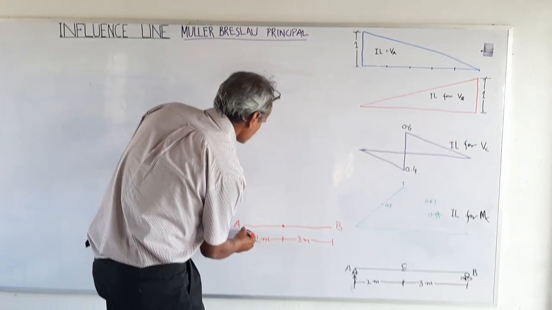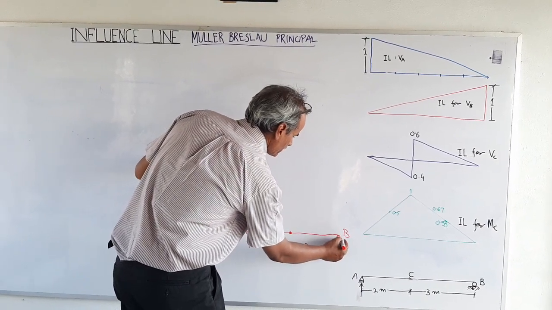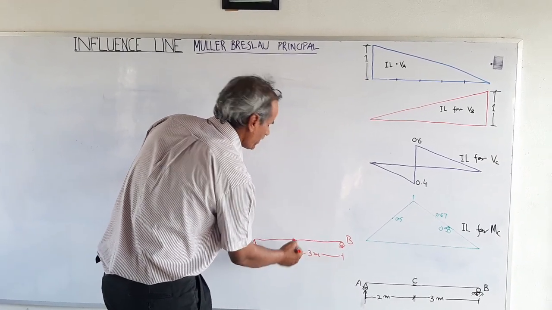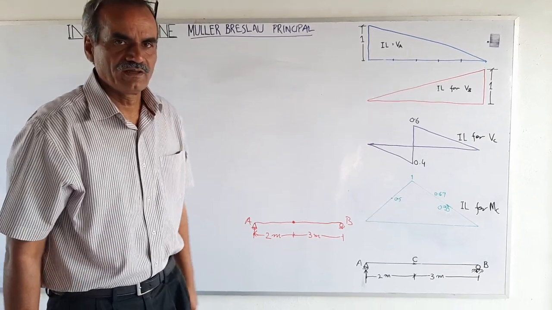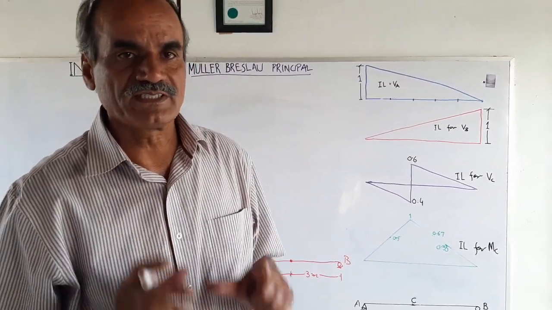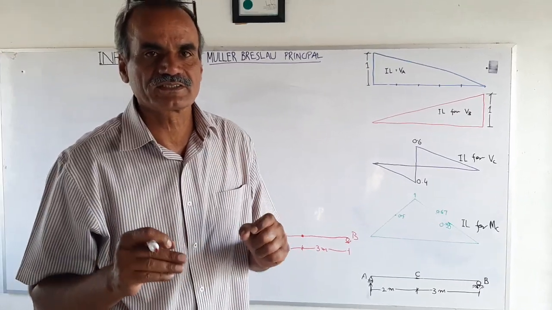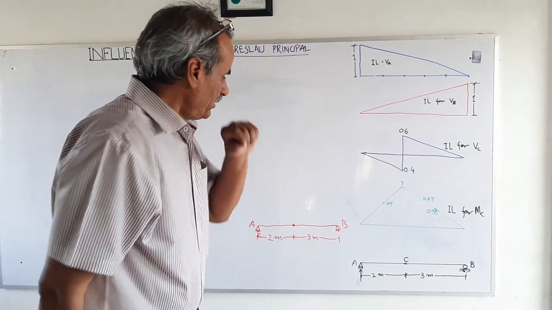Alright, let's draw its spots as well. We have provided a hinge over here, meaning that now at C, by virtue of this hinge, this beam is unable to resist the flexure.